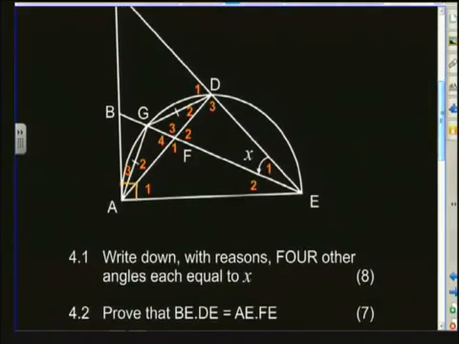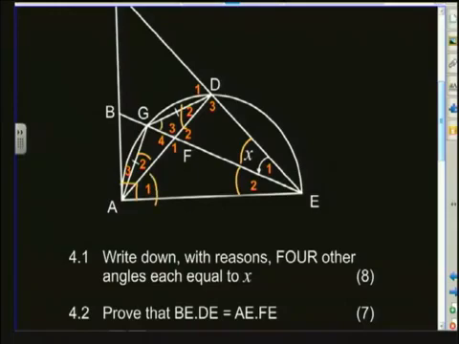Okay, now let's quickly look at the diagram and let's get an idea of what theorems we're going to use. They told you that E1 is equal to X. I can see that GDAE is a cyclic quad, right? So therefore straight away I'm going to start thinking about things like angles in the same segment. And the other two that I've left out there as well.